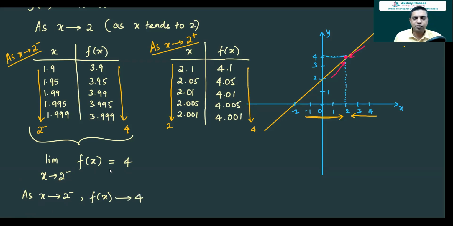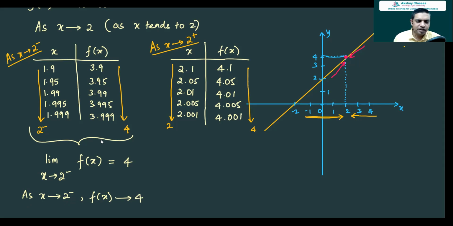For the function, we don't worry about whether it is approaching from the left or from the right, but we should have an idea. Here it is values lesser than 4. We read it actually as x tends to 2 minus, f of x tends to 4. Remember, f of x is not equal to 4. f of x is only tending to 4.